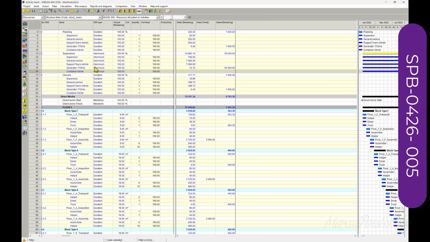When you assign a generator, you can see the water it consumes, the time the generator works, and the liters of diesel it consumes during the whole project.